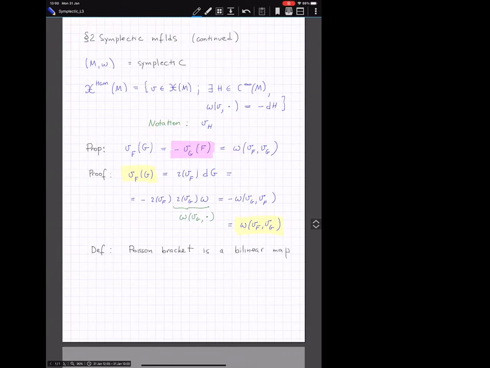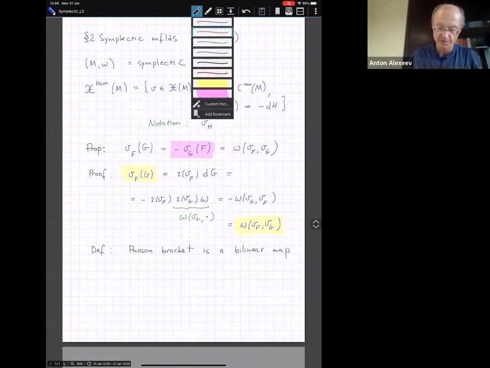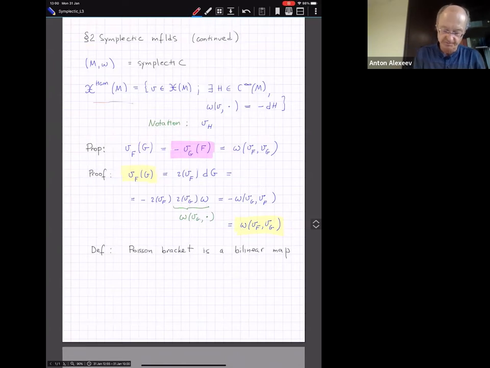Sorry, in our proposition, we think about a vector field like a differential operator, yes? Yeah, sure. A vector field is a first order differential operator which acts on functions. For instance, let me put it somewhere here.